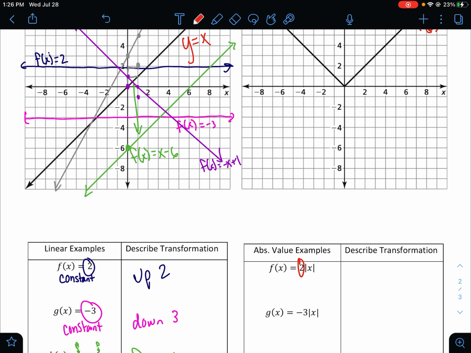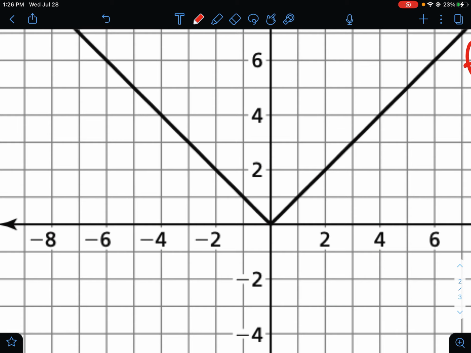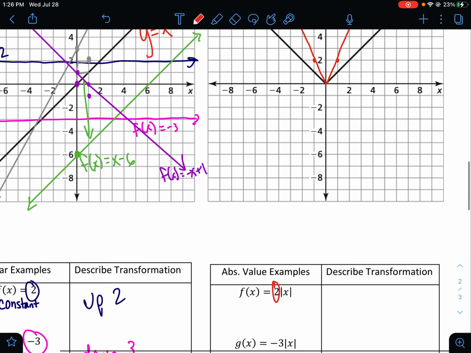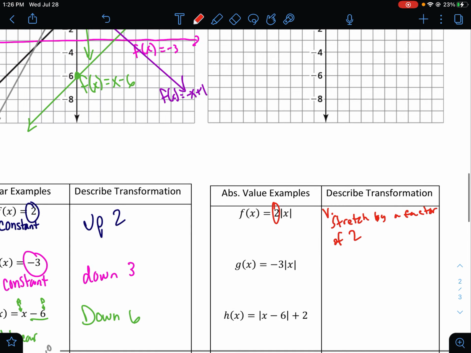In this case, because it is positive, it is a vertical stretch of 2, which means instead of going up 1 over 1, it's actually going to go up 2 over 2 in both directions. So you get a V that looks kind of like this, as I'm going to sketch this kind of roughly, but that would be what it looks like. And so this would be a vertical stretch by a factor of 2.